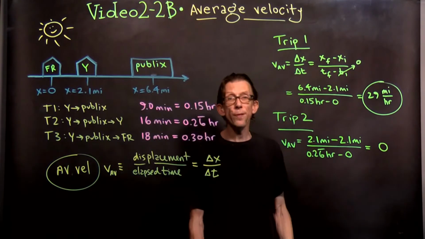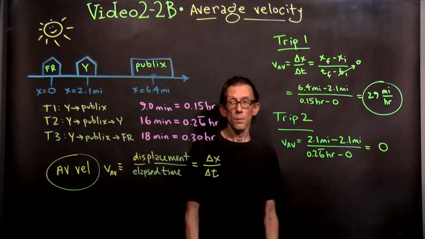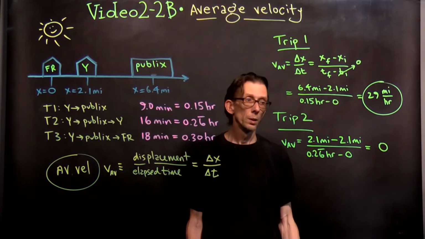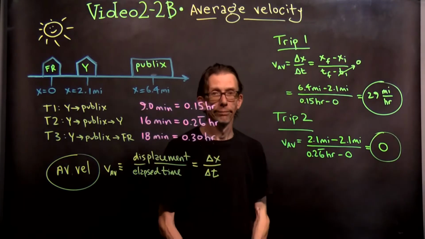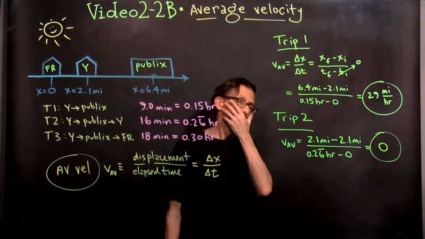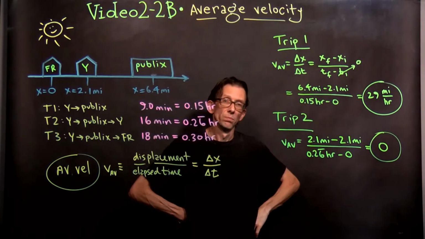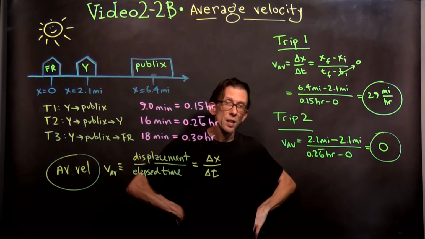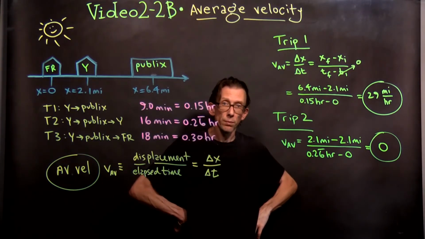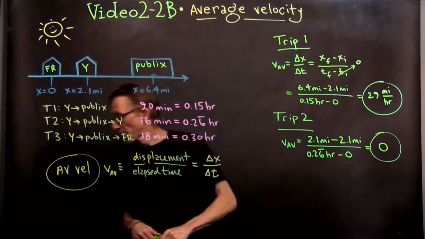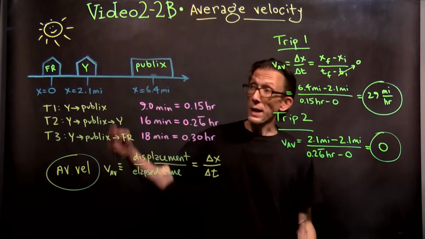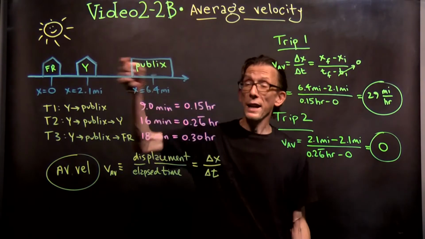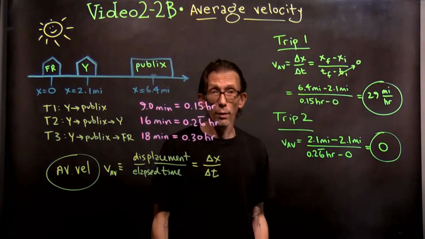So your average velocity for trip 2 is my favorite number, 0. Your average velocity is 0. That's not intuitive. The average speed for that trip was 32 miles per hour, from your house to Publix and back.